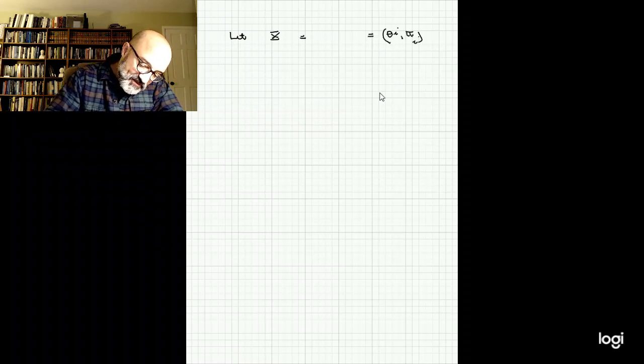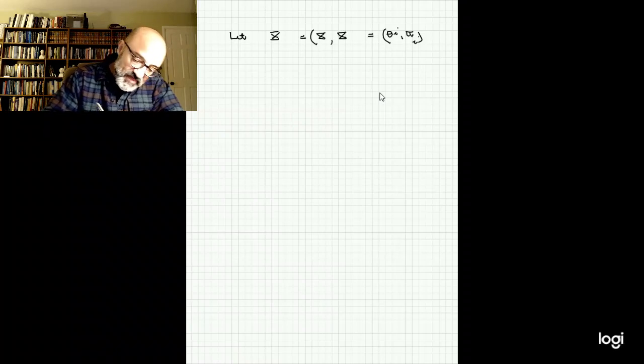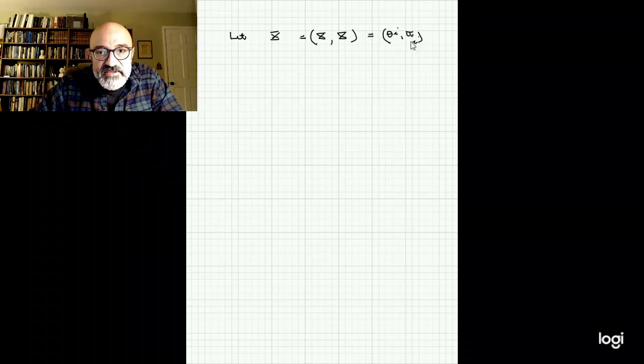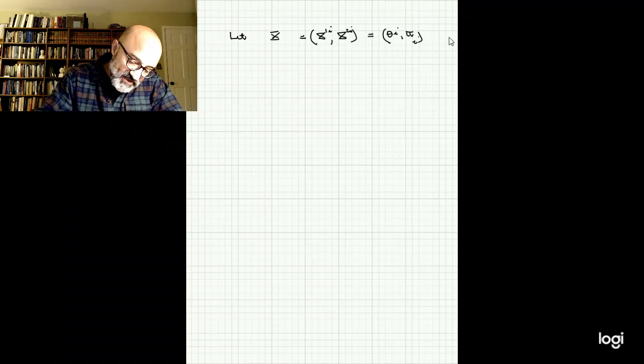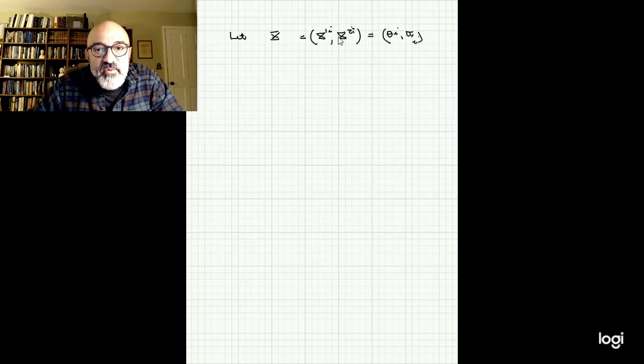So what I would like to be able to say is that you have two types of x's. Both go with i's, right? So the same I here. So we're going to write this as 1 I and this one as 2 I. The advantage of writing something like this is that we have the 1 and the 2 that tells us that we're dealing with a theta or a pi.